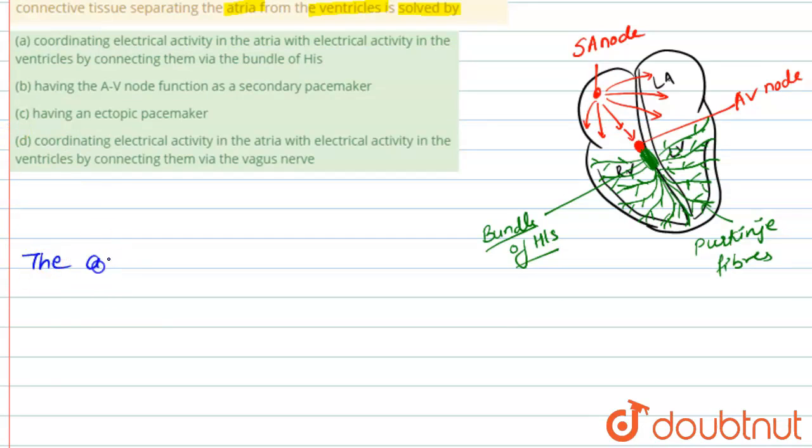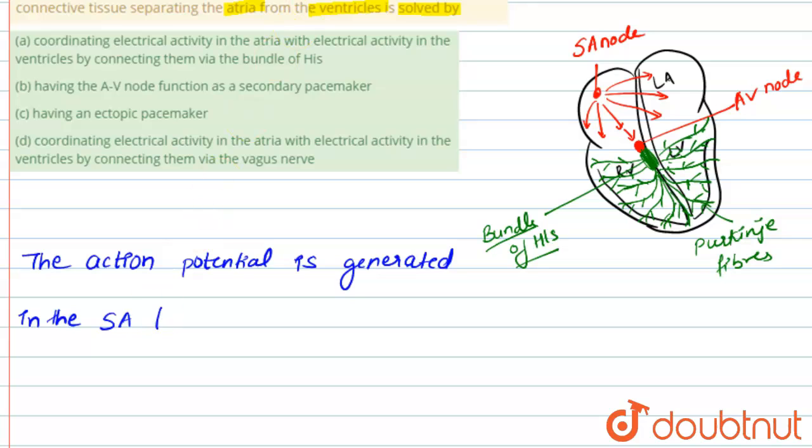The action potential is generated in the SA node located in the right atrial wall.